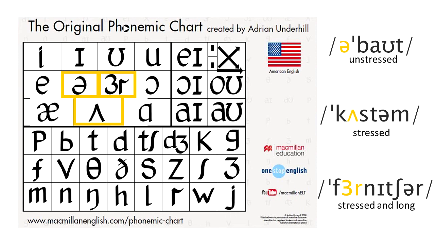So you have furniture. It happens in a stressed syllable, plus it's long. Now, if that was happening in British English, you wouldn't have the R sound. It would be something like furniture. Okay, so this is, broadly speaking, the main difference between the schwas.